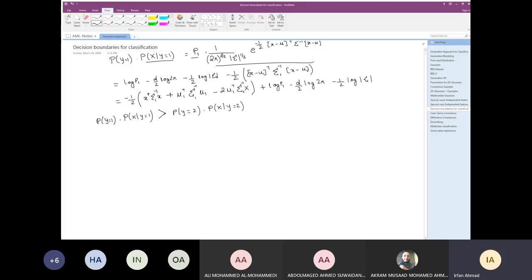So what we can do is subtract the probabilities from both of them. What do you get? Just see that. We'll have something similar in form for the second class, and then we just subtract each other.